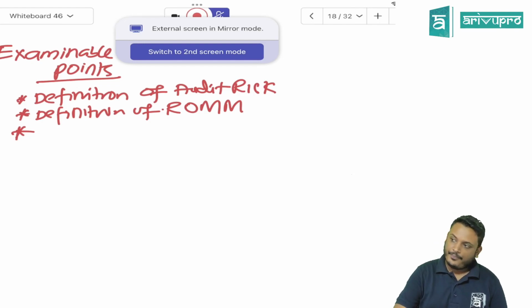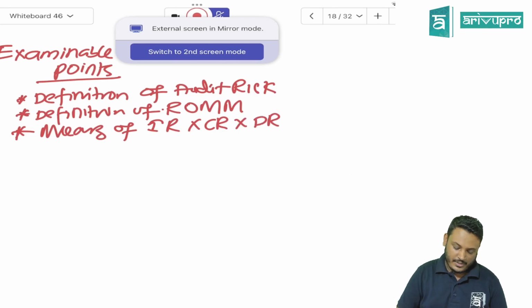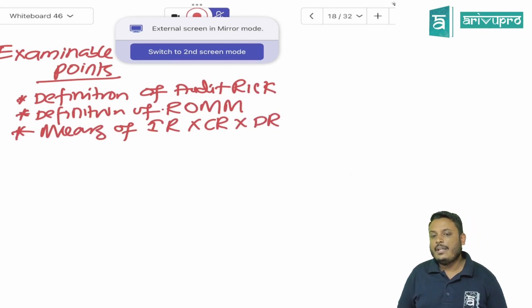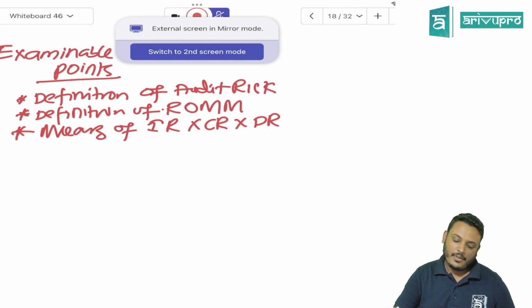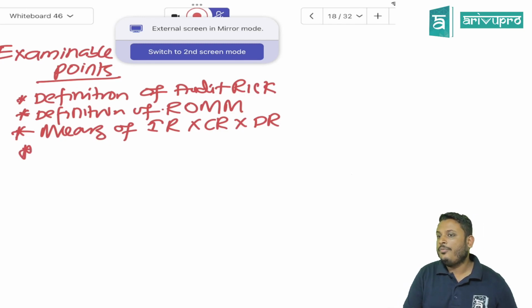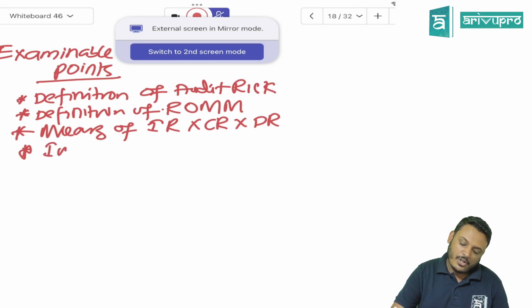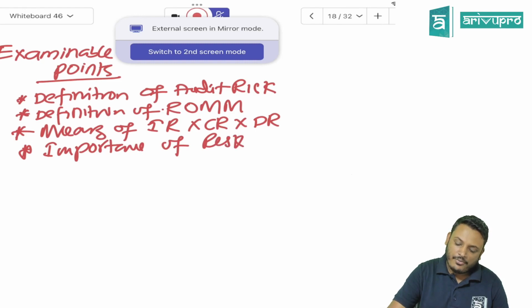Number three, meaning of inherent risk, control risk, detection risk. Number four, importance of risk assessment.